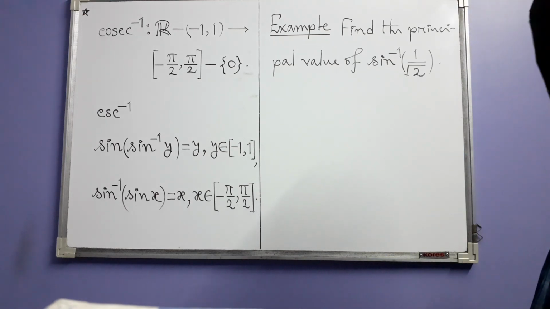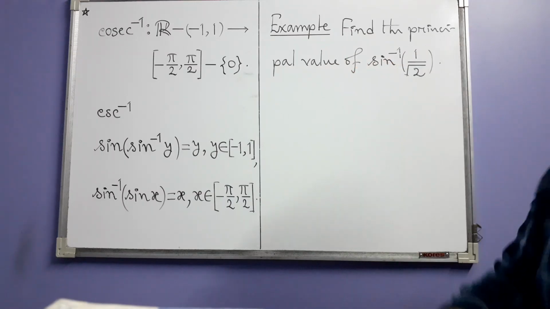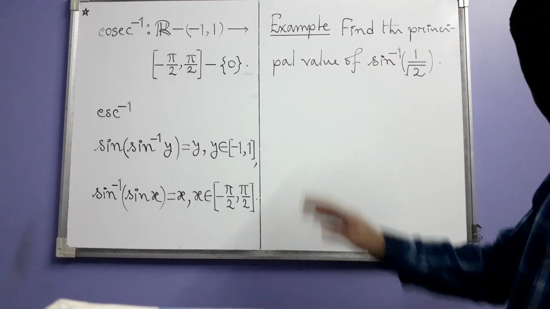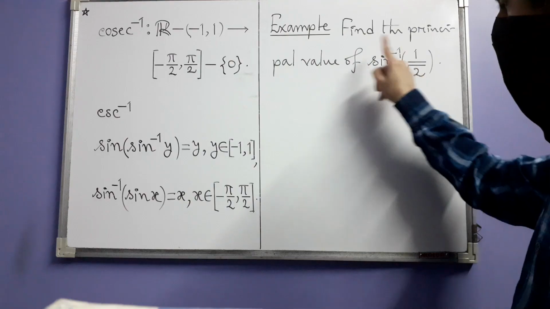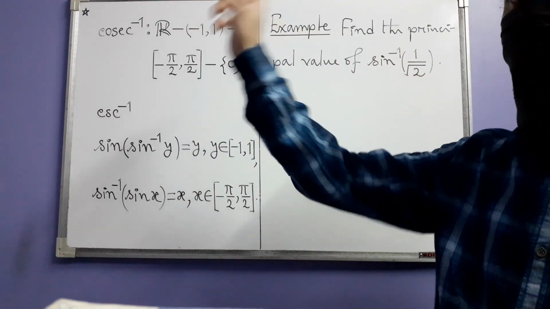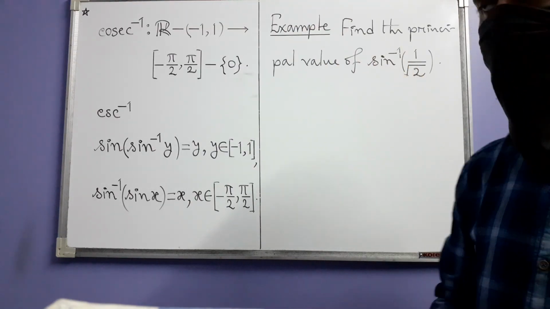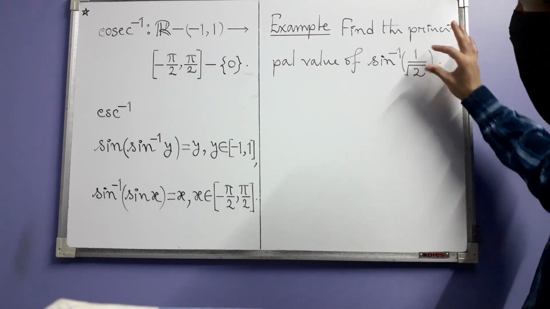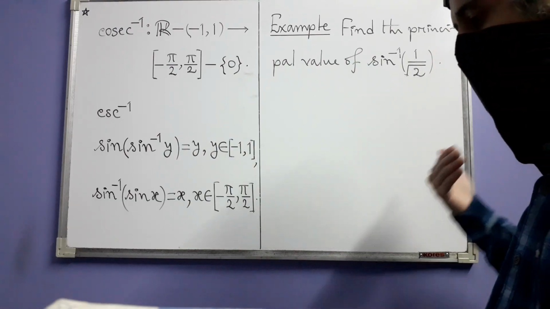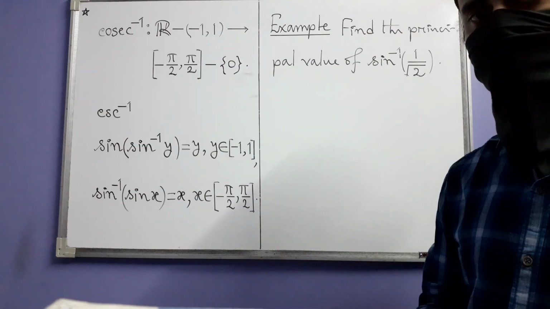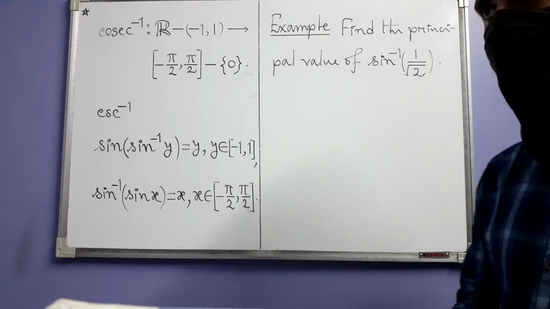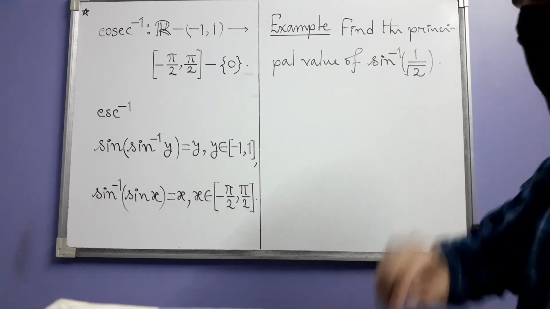So then why are we again saying principal value of this? It sounds like by this sine inverse we mean that general multivalued function sine inverse, which for a single input is going to give us infinitely many outputs. But from those outputs we have to find the principal value.